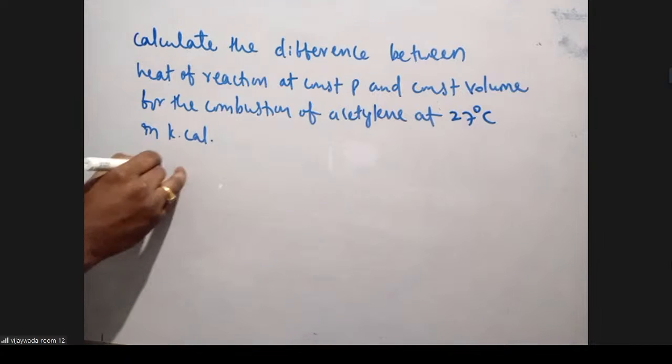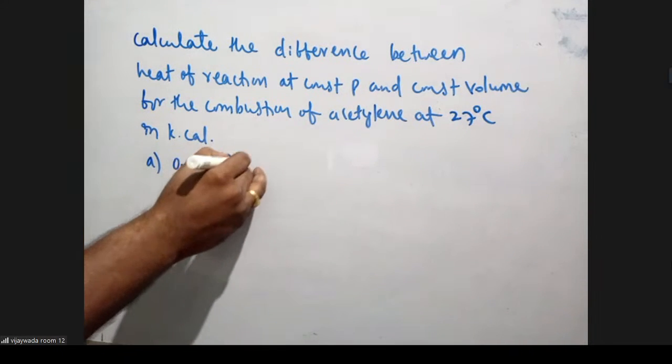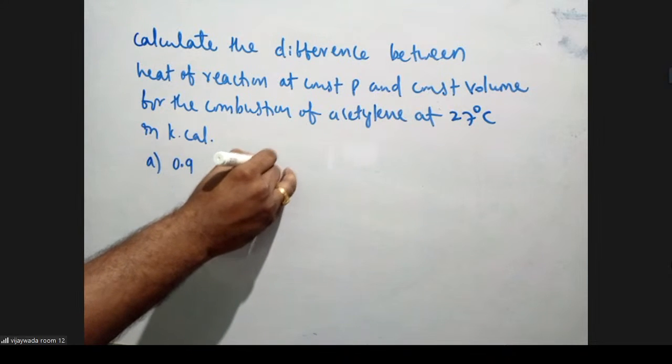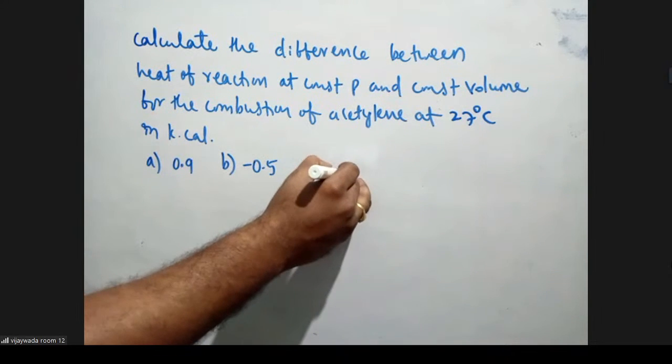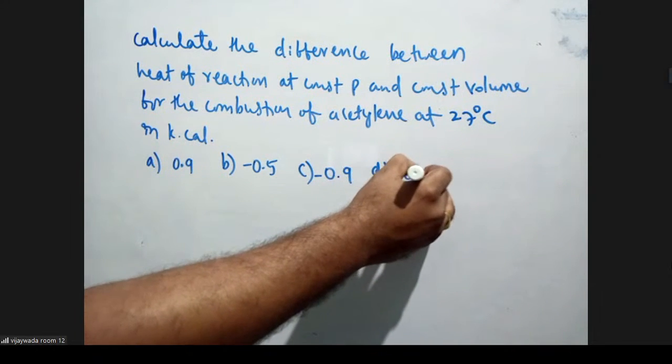Option A 0.9, option B minus 0.5, option C minus 0.9, option D 0.5.